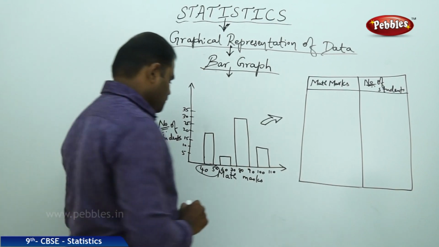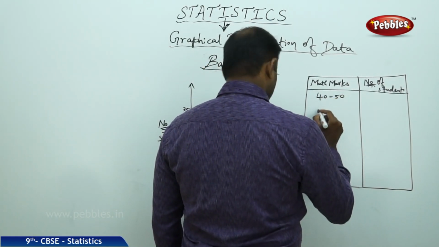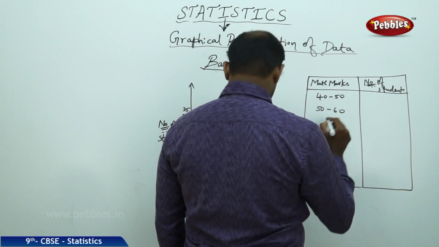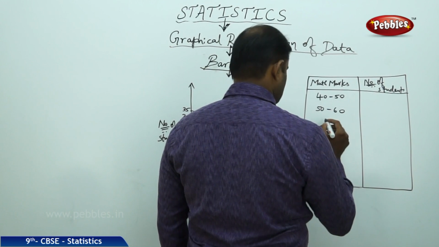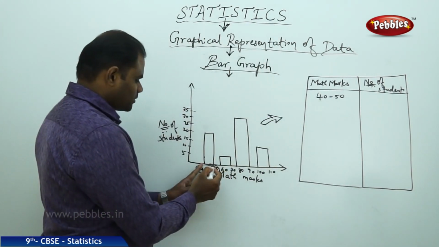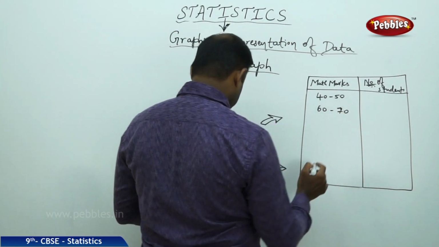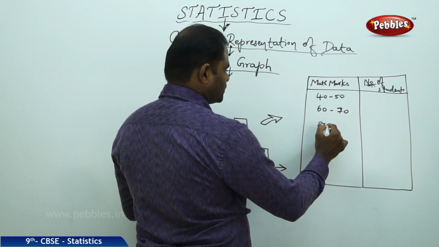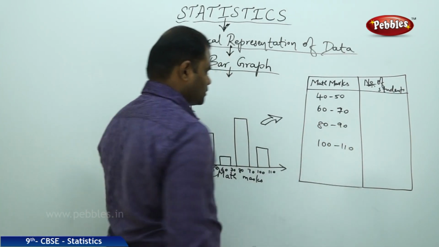Now I have this classified into 40 to 50, 50 to 60, I have the graph which shows between 40 to 50 and 60 to 70, and then 80 to 90 and 100 to 110.